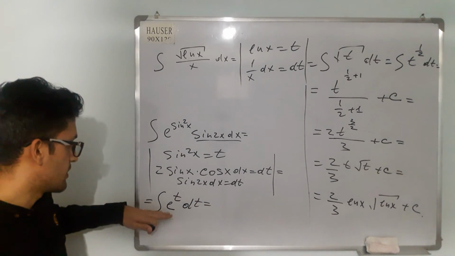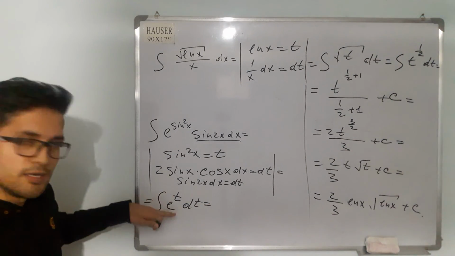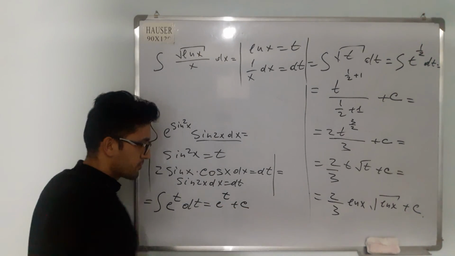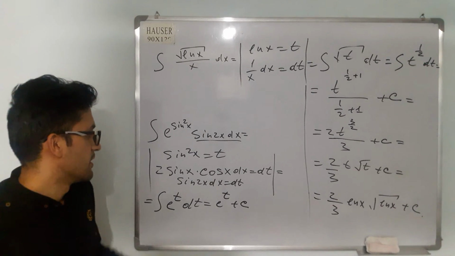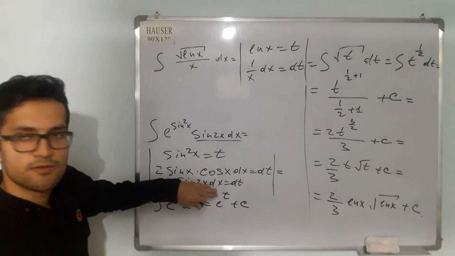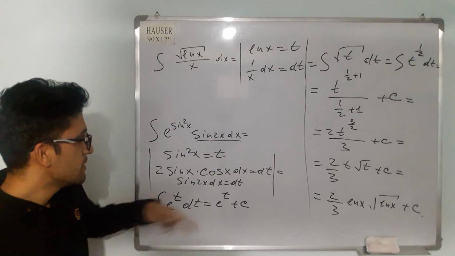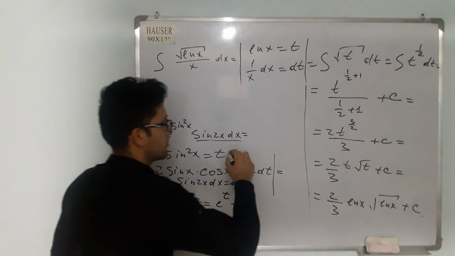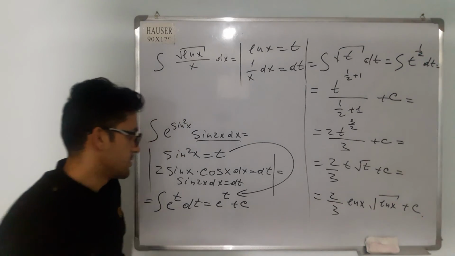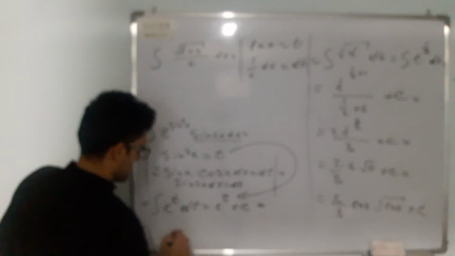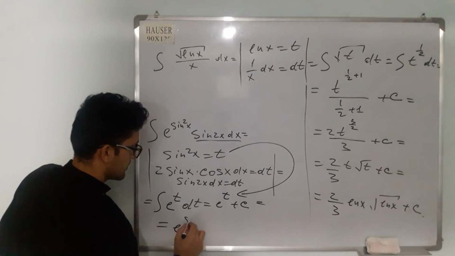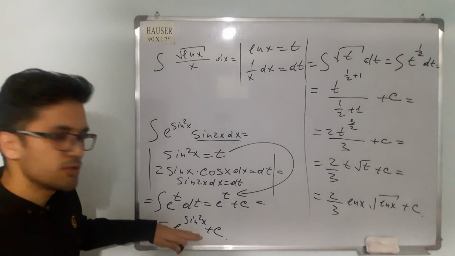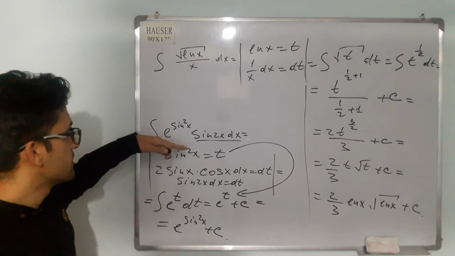When you take the antiderivative of e to the t, it is again e to the t plus c. Again, as I mentioned before, we don't need t here. We just labeled sin squared x as t, so we put the value of t back. It will be e to the power sin squared x, plus c. This expression will be the antiderivative of this expression.